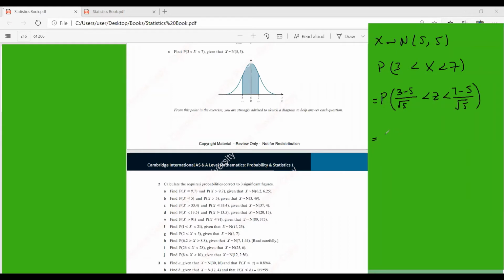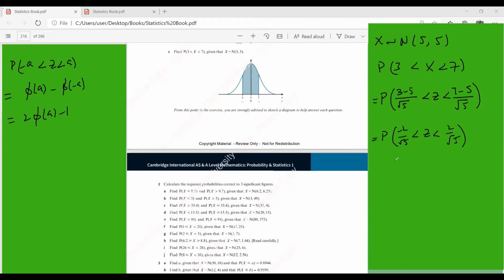So this is going to be the probability Z is between minus 2 over under root 5 and 2 over under root 5. Now the ones who have learned this well know that if Z is between minus A and A, that means phi of A minus phi of minus A, which can be written as 2 phi of A minus 1.